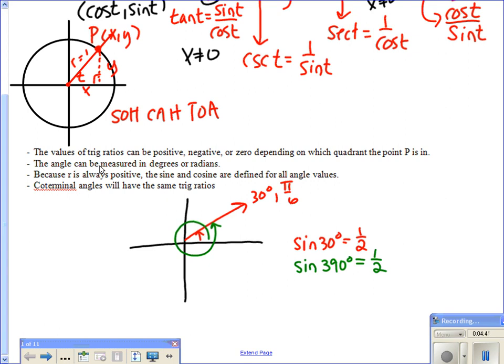If I go in the negative direction, so if I start at the x-axis and go around this way, you're taking 30 degrees minus 360, which would be negative 330 degrees. So the sine of negative 330 degrees is also equal to 1/2. And if I keep subtracting 360 each time, I will still end up with the same thing. So again, coterminal angles will always have the same trig ratios.